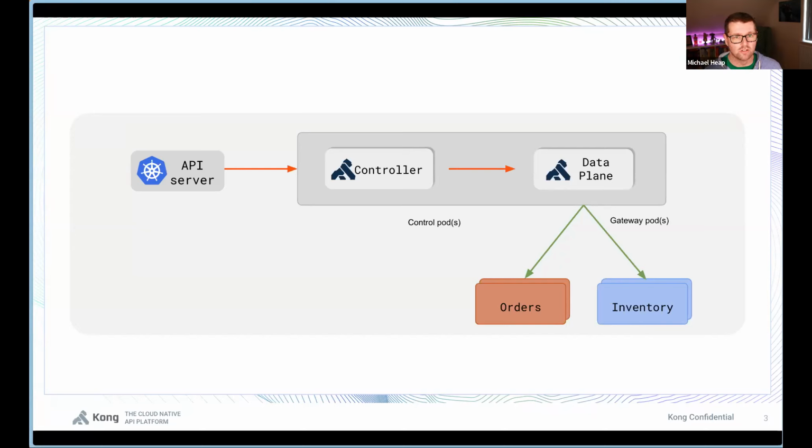So you use your CRDs, custom resource definitions, to configure services and routes and Kong plugins and things like that. You run kubectl apply or use Helm or whatever you're using to manage your Kubernetes deployment. And the Ingress Controller will sit and watch for changes and then apply those changes to the Kong Gateway data plane using the admin API, which is what actually handles the incoming requests.